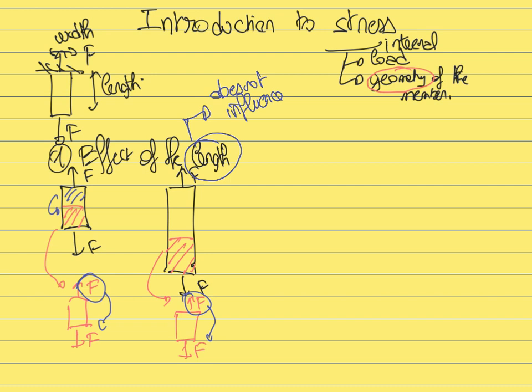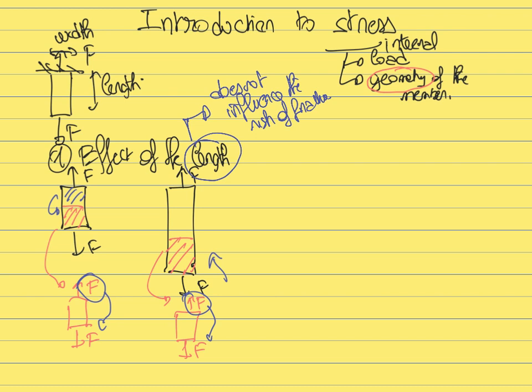Because the length of this member does not affect the value of the internal load. The value of the internal load remains the same, right? So the fact that the material on the right is 2 times longer than the material on the left will not affect its risk of fracture. So this is not going to influence the risk of fracture.